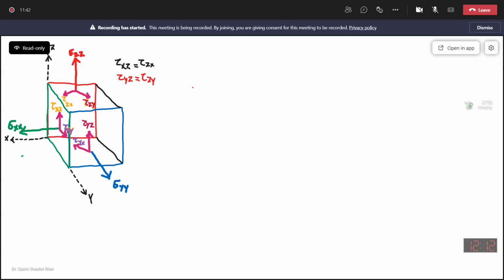And last you have tau yx and tau xy. So we have basically three complementary stresses. In total there are three shear stresses and three normal stresses.